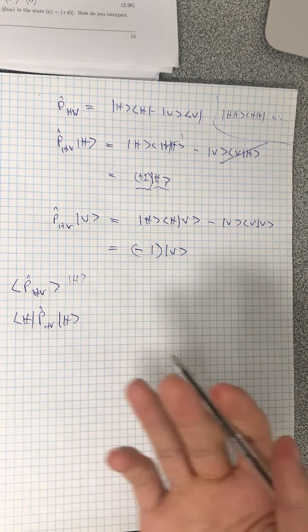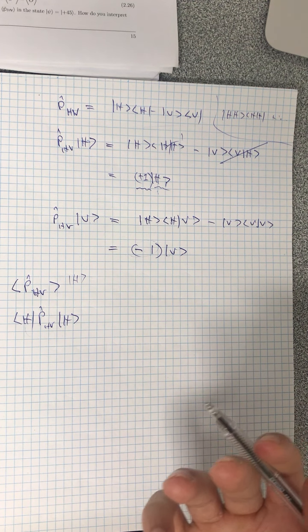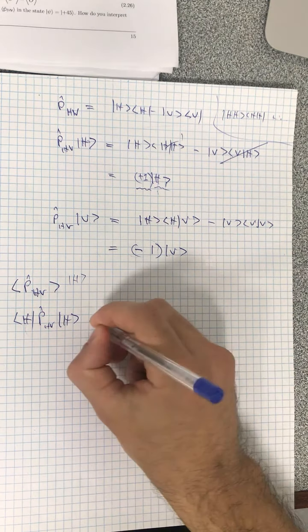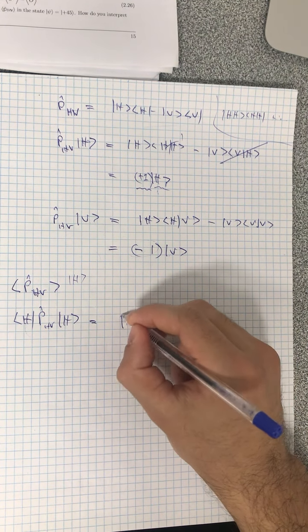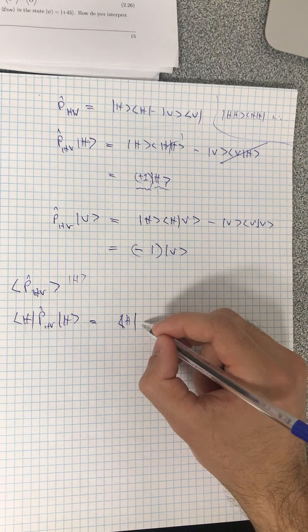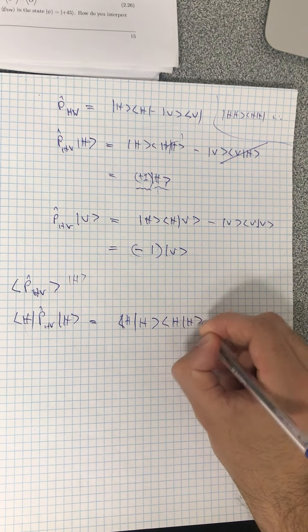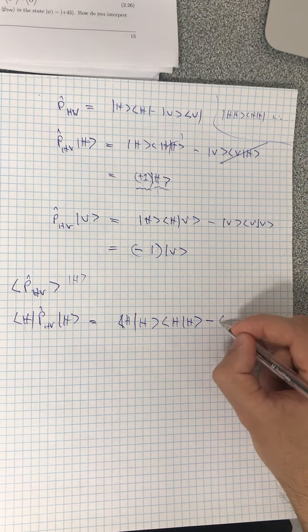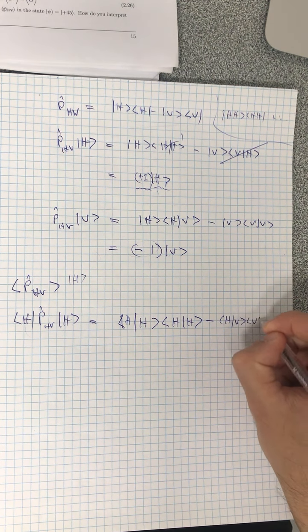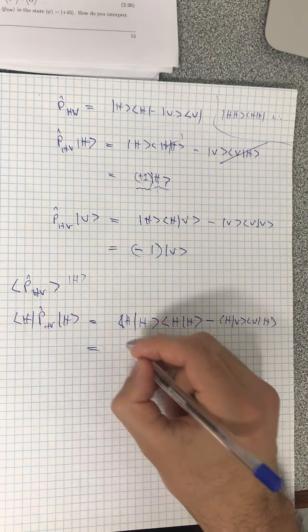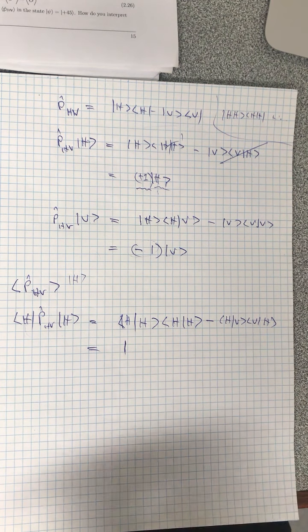And we have what's the average value of that measurement, okay? So H minus HV equals, they're both 0. This is just 1. So the average is 1.